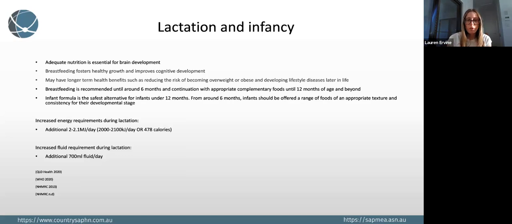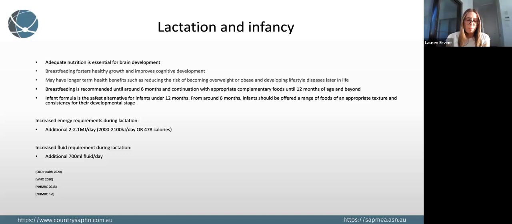It is said to have some long-term health benefits for later in life, so it can reduce the risk of becoming overweight, obese, or developing comorbidities like type 2 diabetes, hypercholesterolemia, and hypertension. Breastfeeding is recommended until around 6 months old, and then continuing alongside different proper foods beyond the age of 12 months.